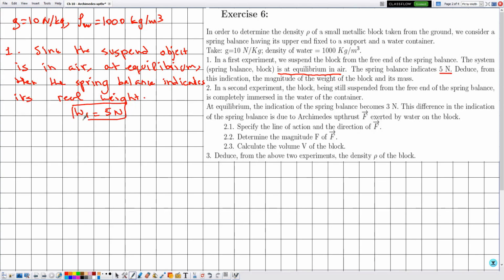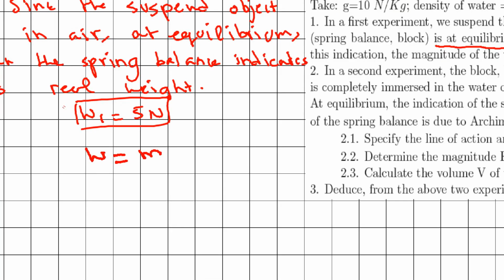And here by the real weight, it means the weight which is given by m times g.